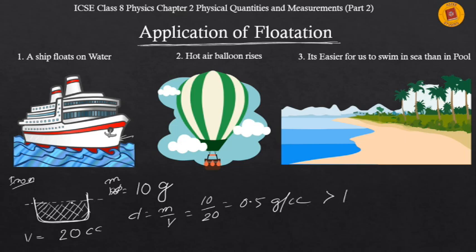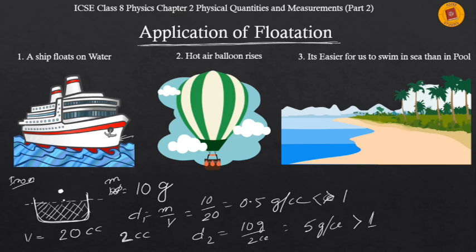Now if I crumble the entire thing to a small ball of iron, if I crush the whole thing, it will become like this, so volume will decrease drastically. Now if I measure the volume, it will be, for example, 2 cc. If I again measure the density, let's take it as d2, it is 10 grams by 2 cc, which is equal to 5 grams per cc, which is greater than 1, right?